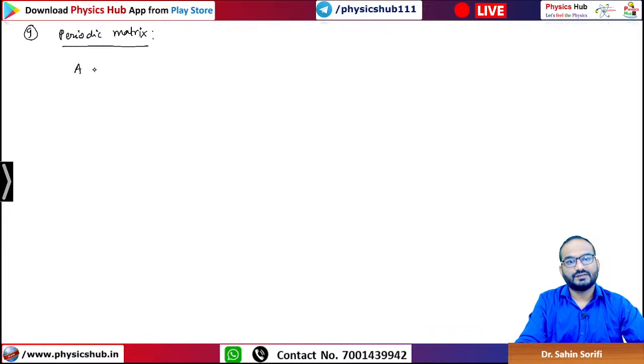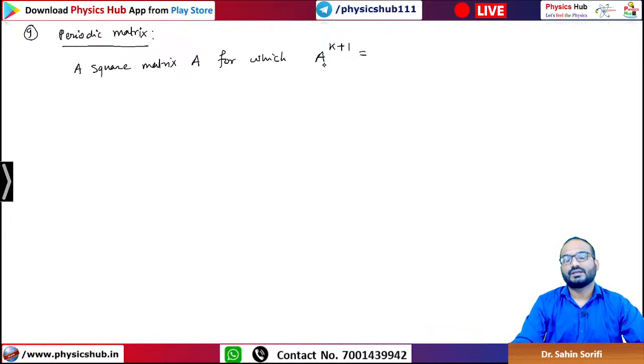So how to define this? A square matrix A for which A to the power k plus 1. Let's say if you do A cube and you get back A, then k will be 2. So A will have the period 2.